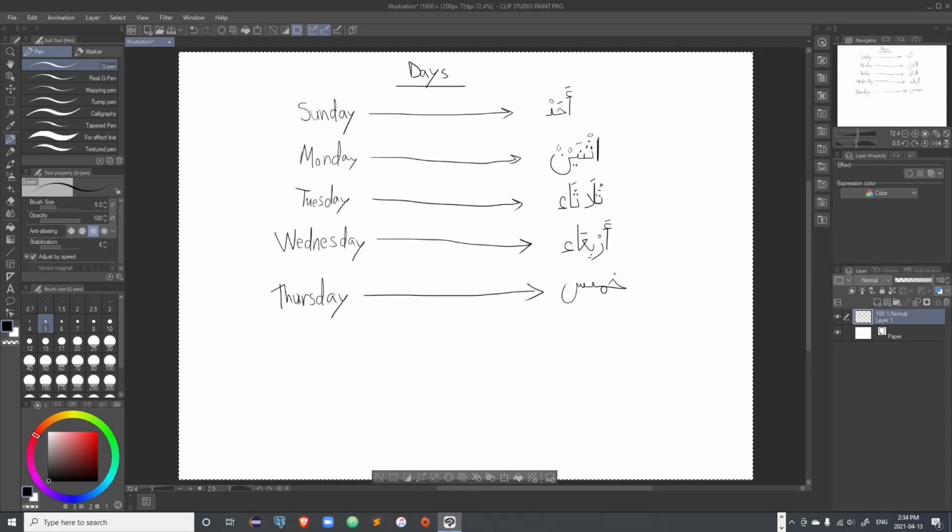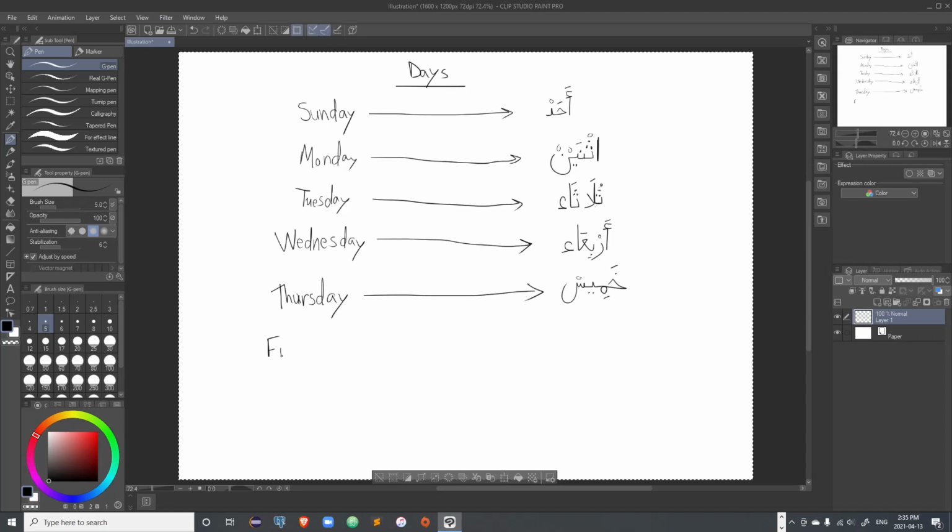And this is known as Khamis. When you see the names for the numbers, you will understand how these names are derived from the numbers' names. Khamis or Al-Khamis, the Thursday.